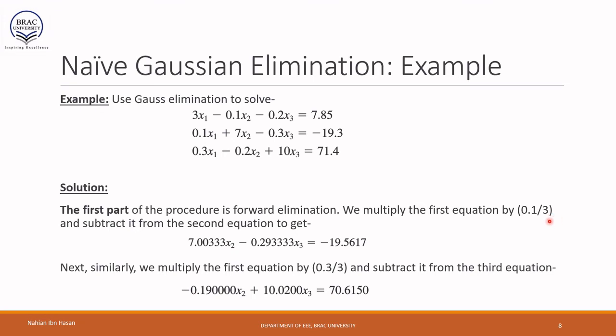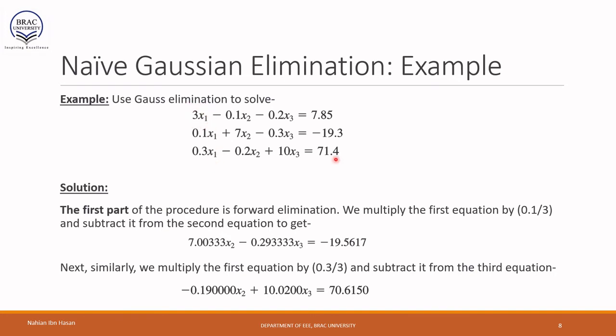Look at this 3 in the denominator in both cases, because 3 is the pivot element. When we multiply the first equation by 0.3 divided by 3, the 3 and the 3 cancel out, and in the first term we will have only 0.3 x1 and the next terms.